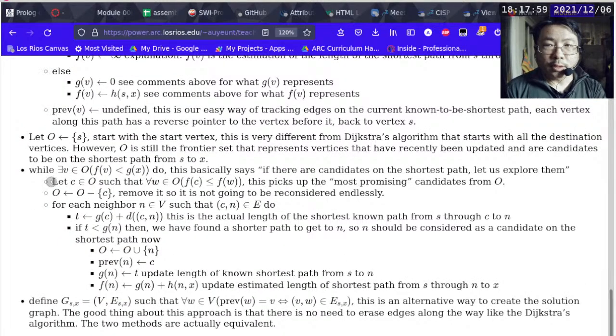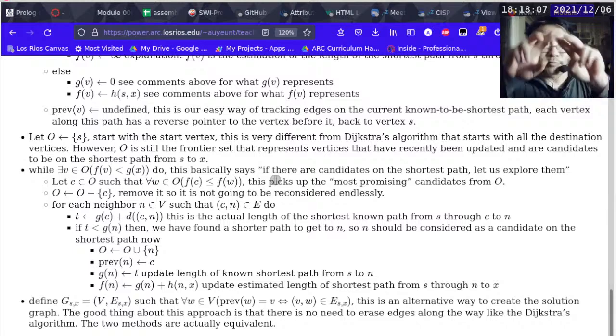This part here is why this algorithm is optimistic, because it's looking through all the vertices in O. In other words, it's looking at, quote unquote, the frontier of all the vertices that just got their G value updated. Looking through all of those, which one should I pick to expand?